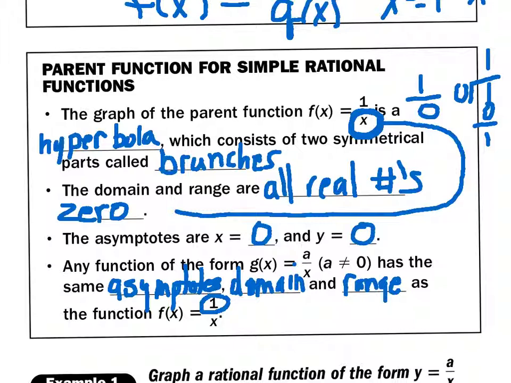If you have another number up there, say 9 over x, it'll still have 0 as asymptotes on the x and the y, and all real numbers for the domain and the range except for 0. But the graph will just be a little bit stretched out. So here's some examples.